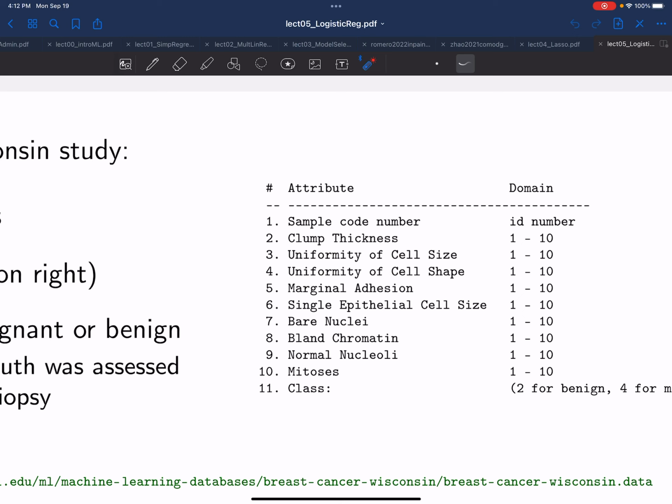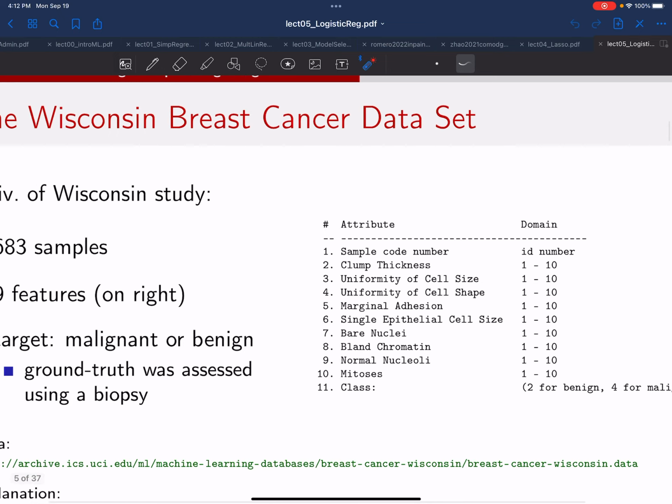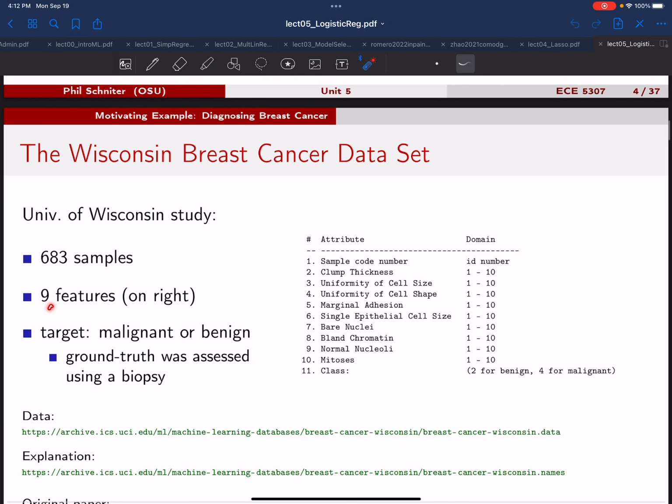I don't know what all these mean, but they're things you can get from the slides, and then they end up putting a 1 through 10 rating on each one. So the question is, from those features, there's a total of 9 of them, can we predict whether the patient has malignant or benign cancer?